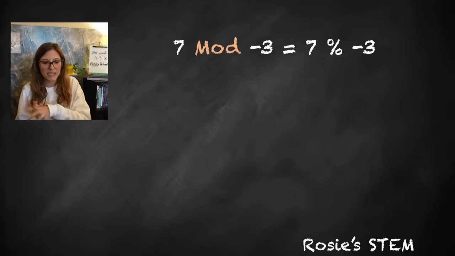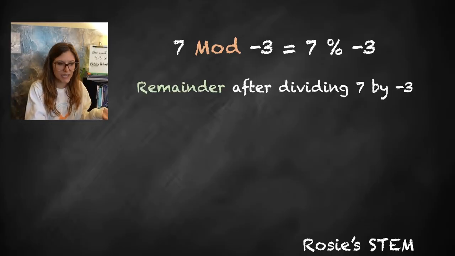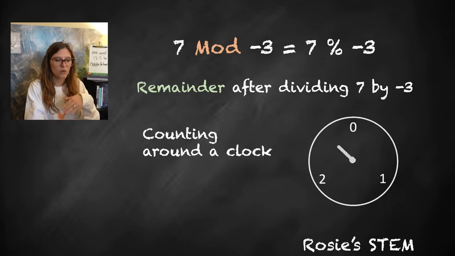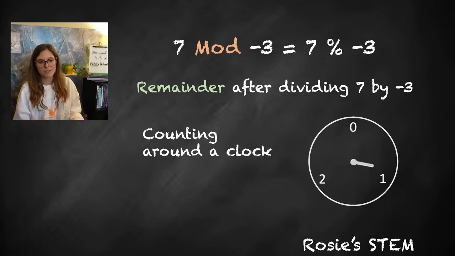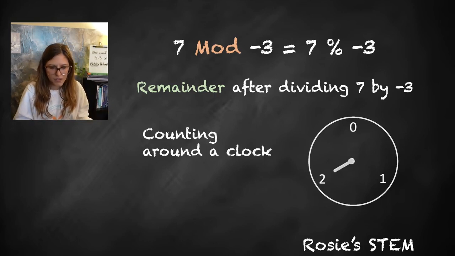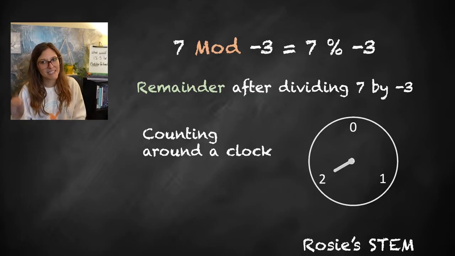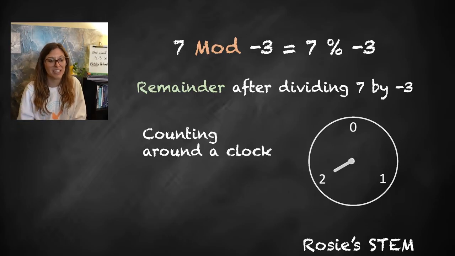It calculates it by moving counterclockwise around the clock, just like we did previously. So we're counting around the clock counterclockwise, and we're going to end at 2 again. But Python always makes sure that the remainder takes the same sign as the divisor. In this case, our divisor is negative, so it's not going to say the answer to our question is 2.